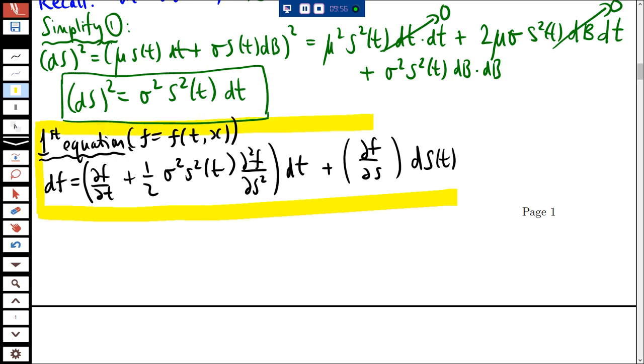This is my first really important equation. Let's go to the second one.